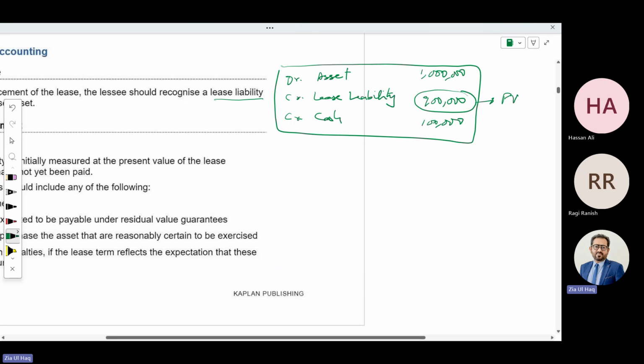But this lease liability, we need to calculate using present value method. Present value method means what will be the future payment along with the interest. We need to discount that amount for the number of years. How we're gonna discuss later. It includes the interest amount as well. Okay.